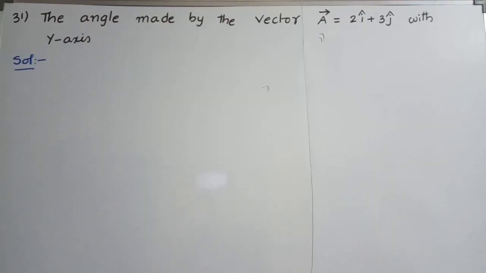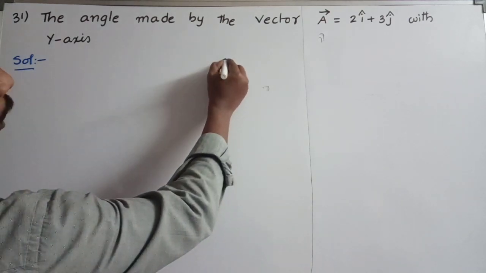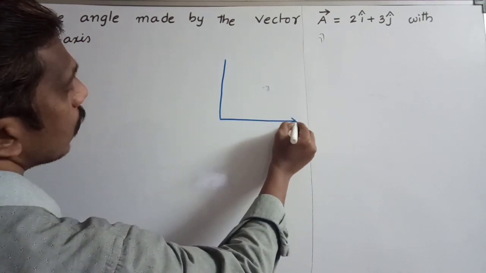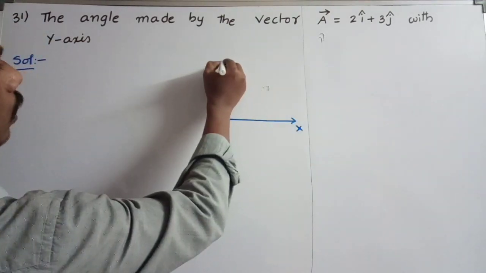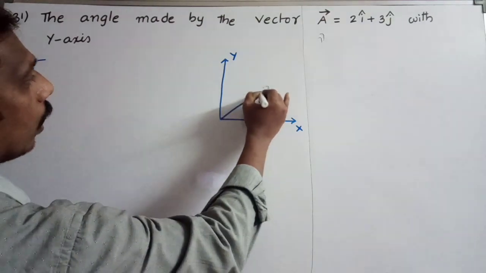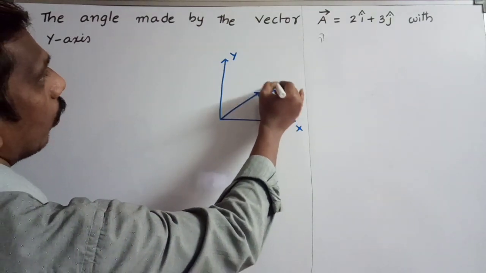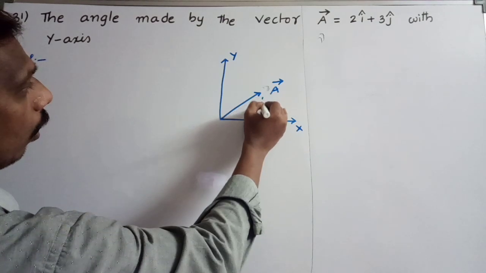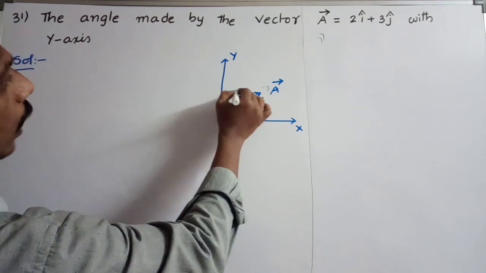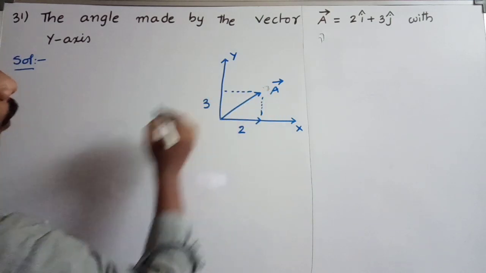Problem number 31. The angle made by the vector a bar is equal to 2i cap plus 3j cap with y axis. First we should draw vector a bar. We assume this is x axis, this is y axis. Here this is vector a bar. On x axis 2 units, on y axis it is 3 units.